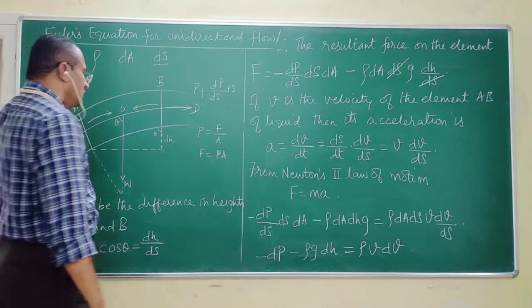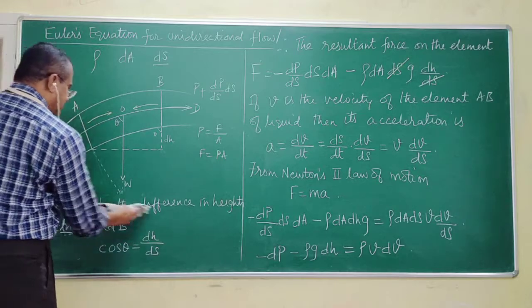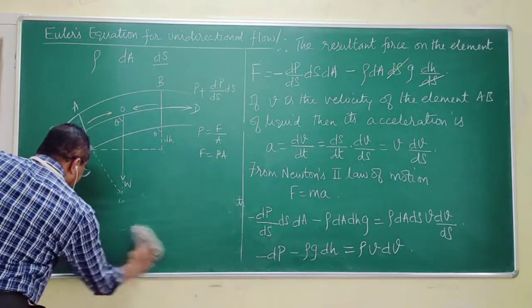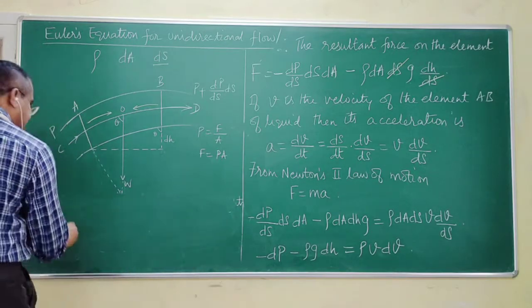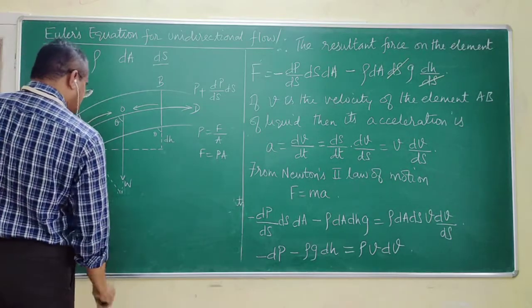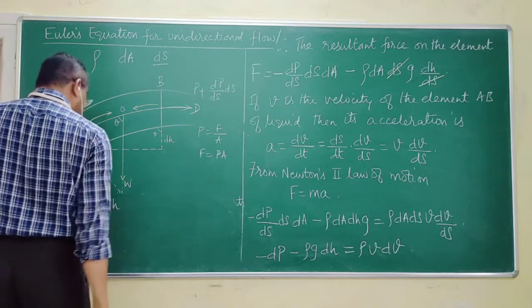Now this part I will rub off so that I will rewrite this equation as dp plus rho g dh.